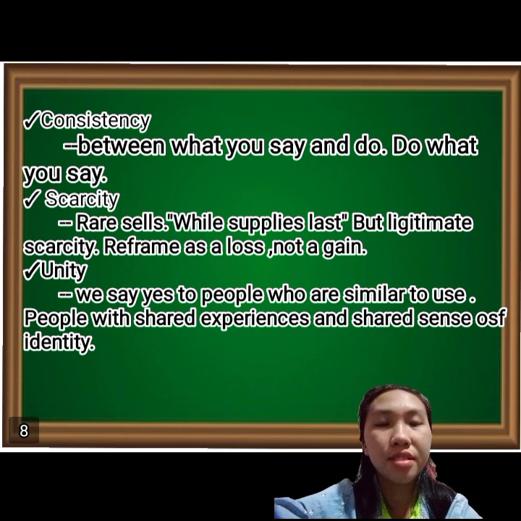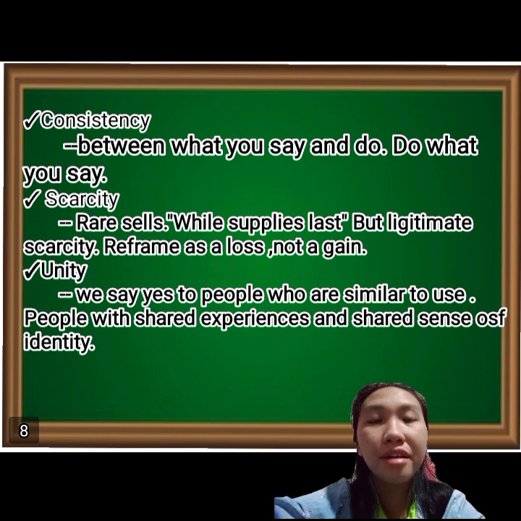And the next principle is called scarcity. When we say scarcity, ito ay kakulangan. When we say kakulangan, it is scarcity. So, scarcity is rare sales while supplies last, but legitimate scarcity reframed as a loss but not a gain.